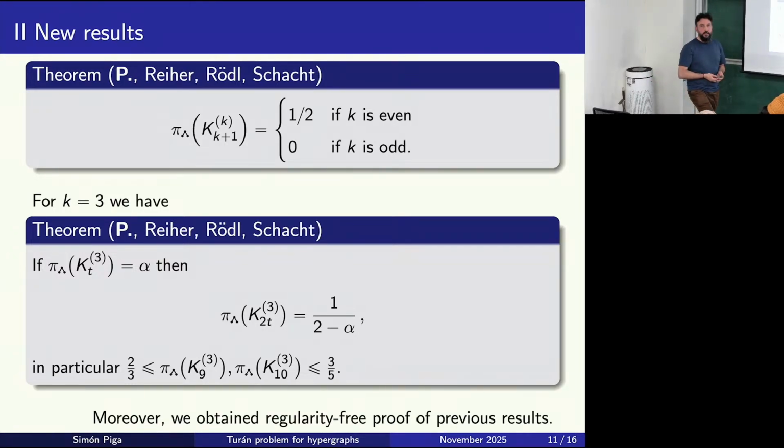My suspicion is that they are the same, because in the regularized world, it looks the same. But you haven't proved it. No. But I would say for Turán problems, it should be the same.